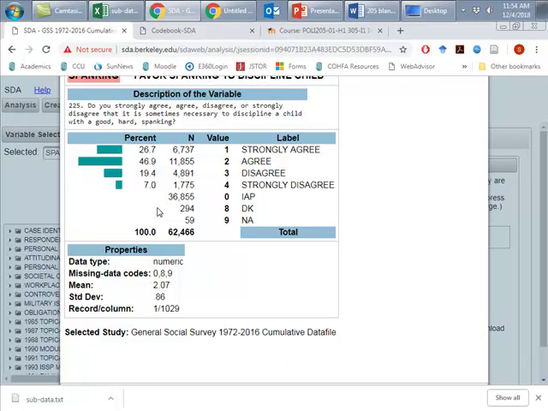Could I calculate the mean response for my column of numbers that are 1s, 2s, 3s, and 4s? Yes, I can do that, right? I can calculate what the mean value of spanking is. And what if I told you that the mean value of spanking was 1.7? What does that mean?